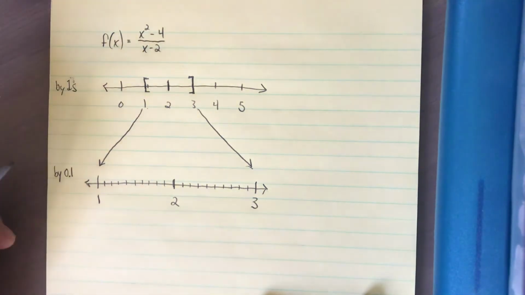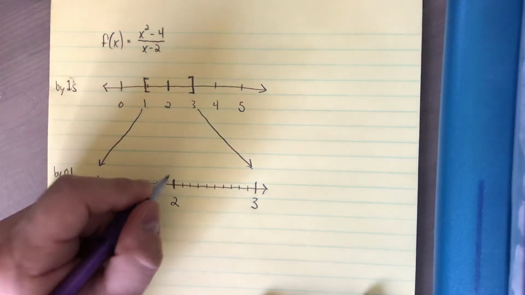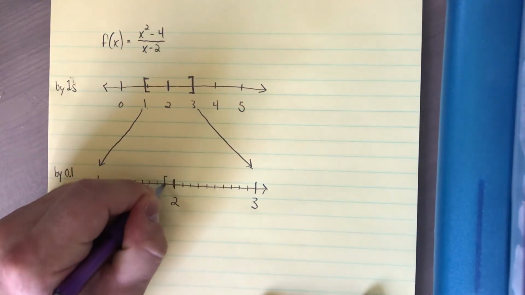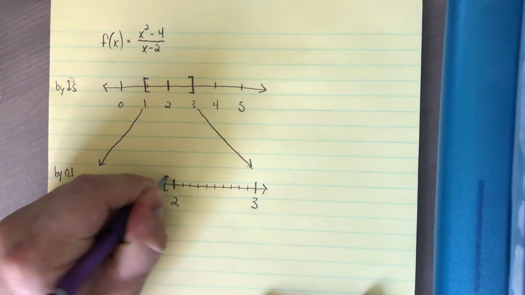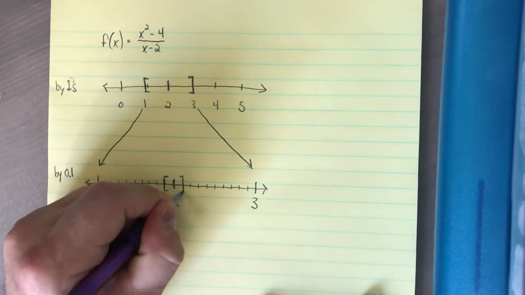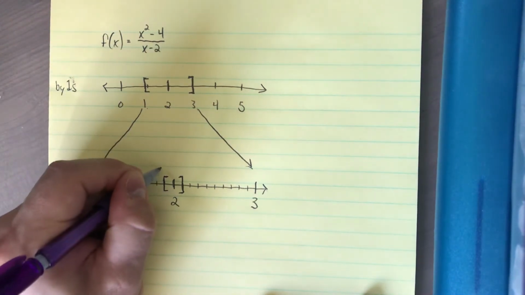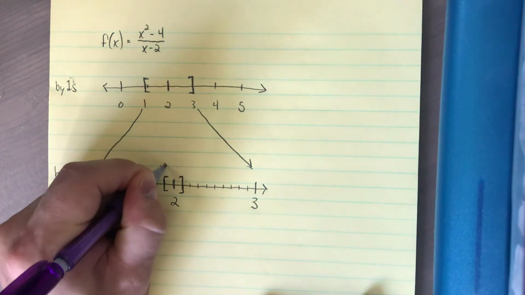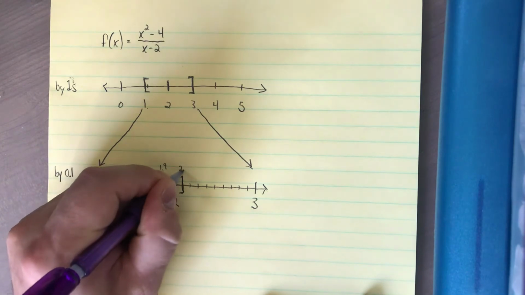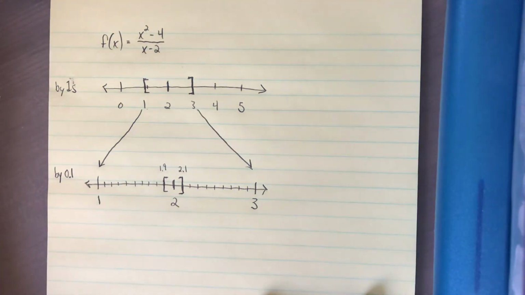Which means that if we wanted to get as close to 2 as we can, our values would no longer be 1 and 3. On this scale, the closest we can get to 2 is 1.9 to 2.1.